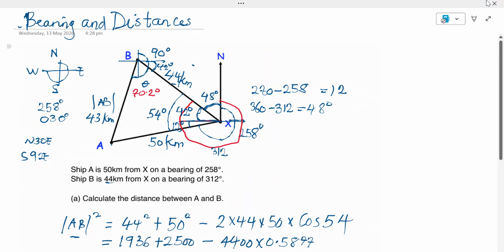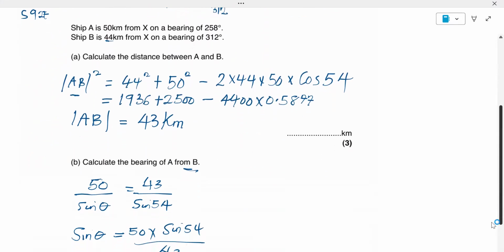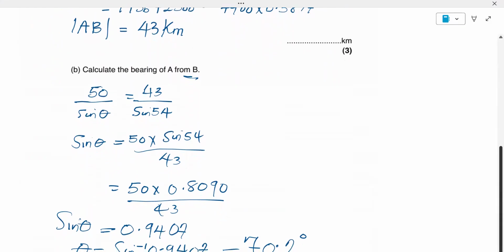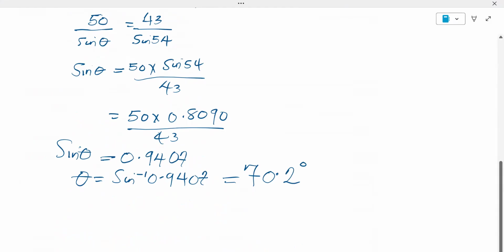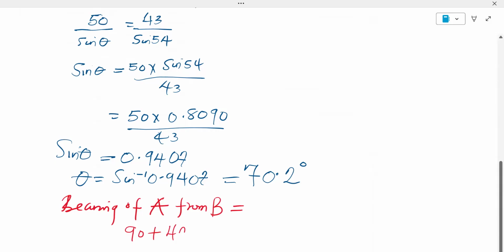Now, if you look at our bearing, we have 90 plus 42 plus 70.2, right? So that's going to be the result of the bearing of A from B. So here we have the bearing of A from B. So that's going to be equivalent to 90 plus 42 plus 70.2.